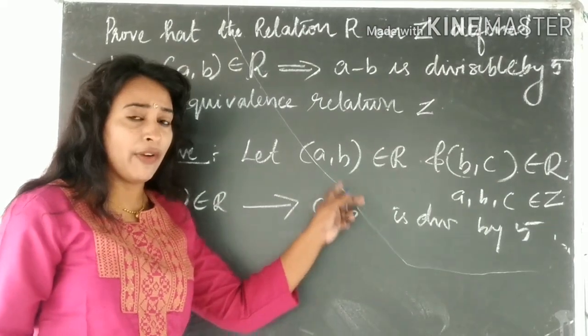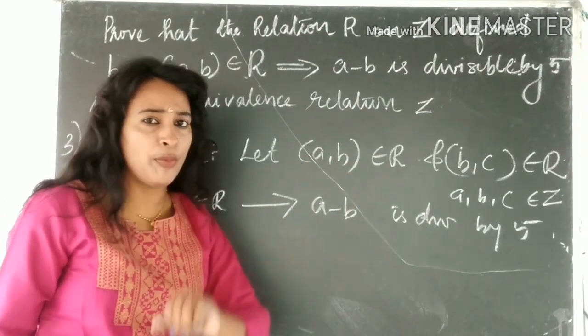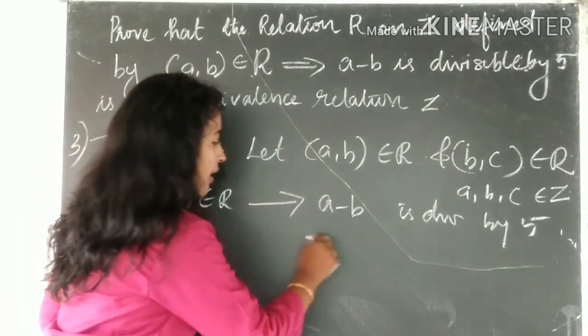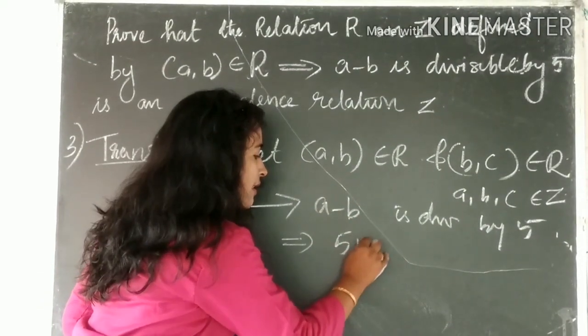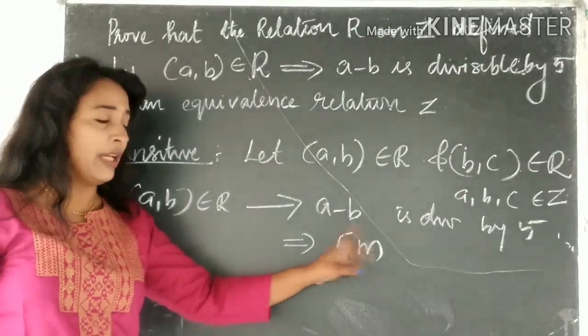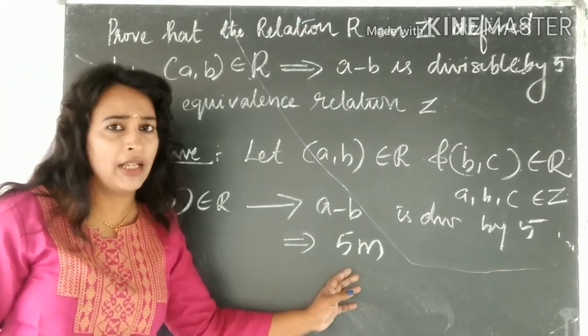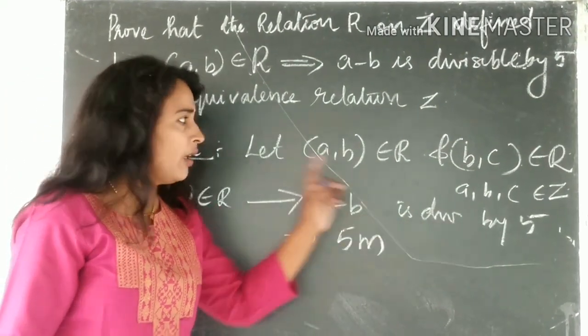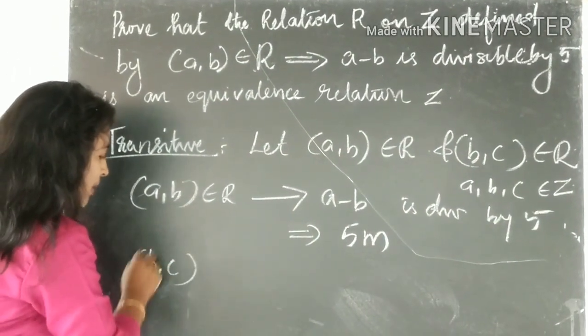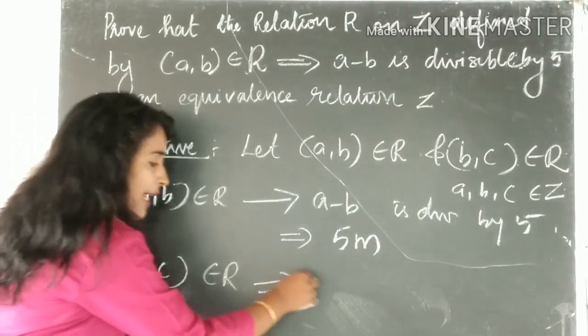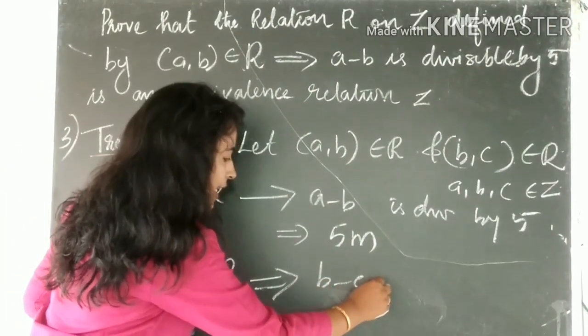So let it be 5 into m, because it's a multiple of 5. That's why you could divide it. Now, you know, BC is also present in the relation. So ordered pair BC belongs to R. That means B minus C.